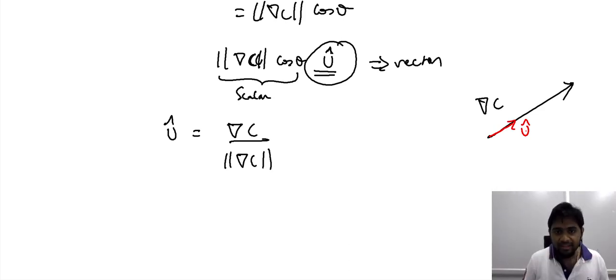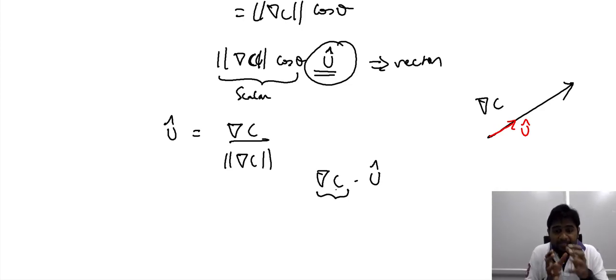Now what I can do is, I can substitute this u cap. I can find the dot product of the gradient C and the u cap. So this is my u cap, and this is a vector for which I need to find the direction.